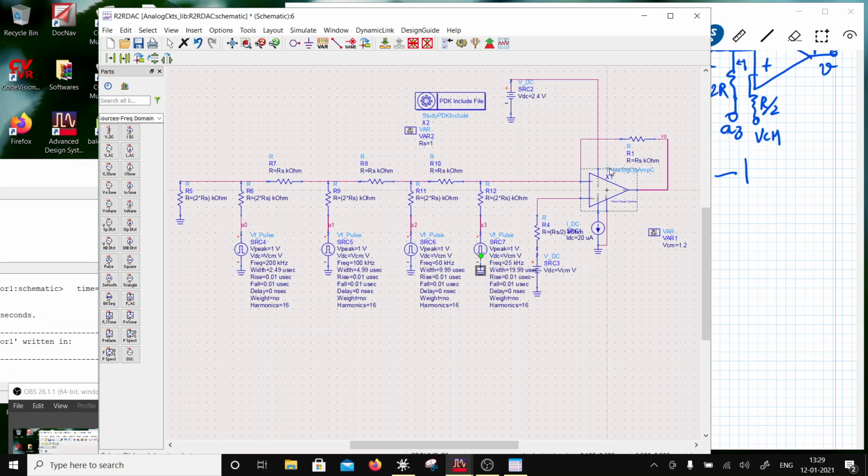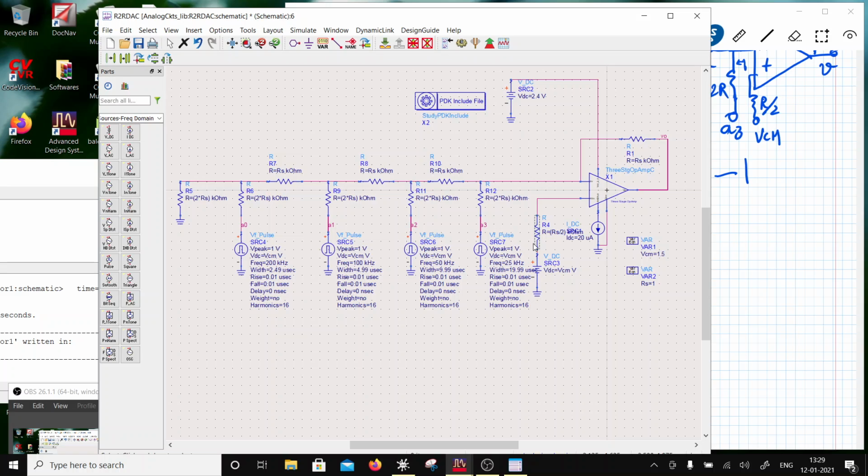And then I'm going to have R as 1 kilo ohm, which is set over here, and VCM equal to 1.5, for example, and this is driven from 2.4 volts, and I guess I'm ready for simulations, right?